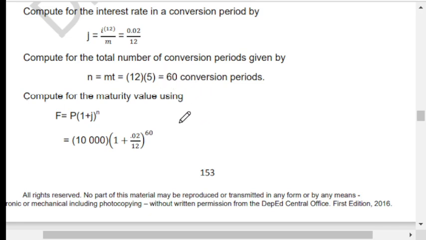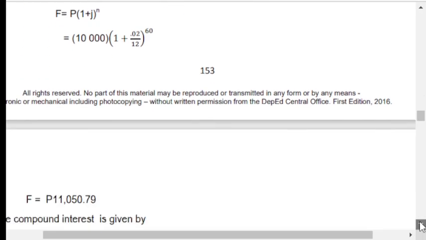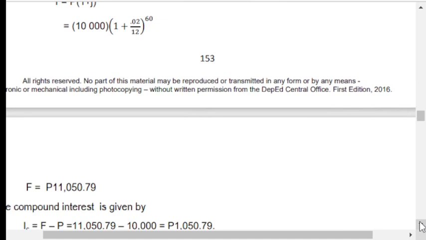Okay, so to compute, we have 10,000 pesos times 1 plus 0.02 over 12 exponent 60. The answer would be 11,050.79.